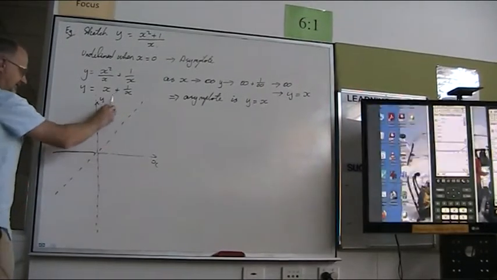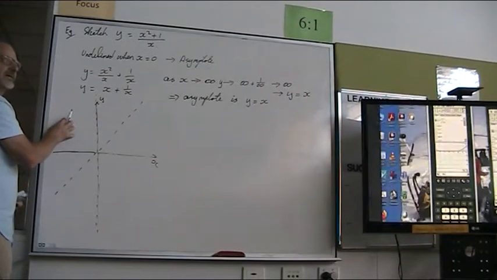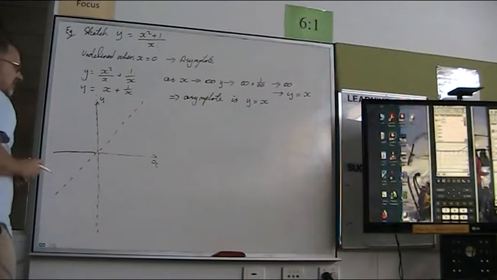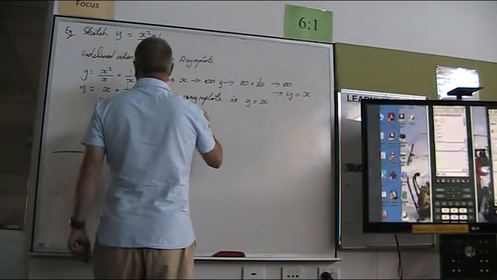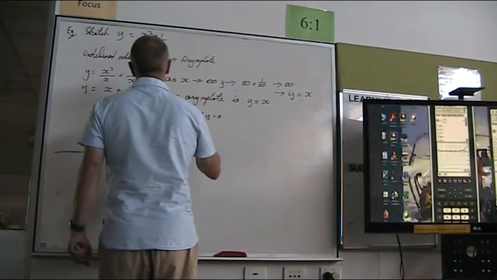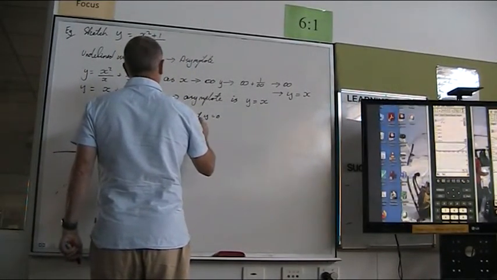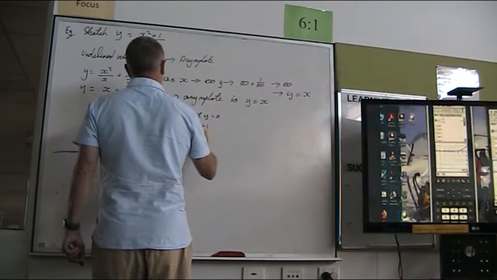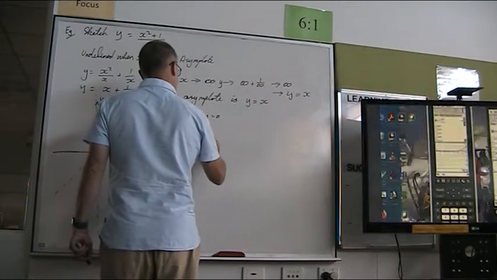So is it there and there, or here and here? No ideas how we can find out? X-intercepts, y equals 0. 0 equals x squared plus 1 over x. 0 equals x squared plus 1.